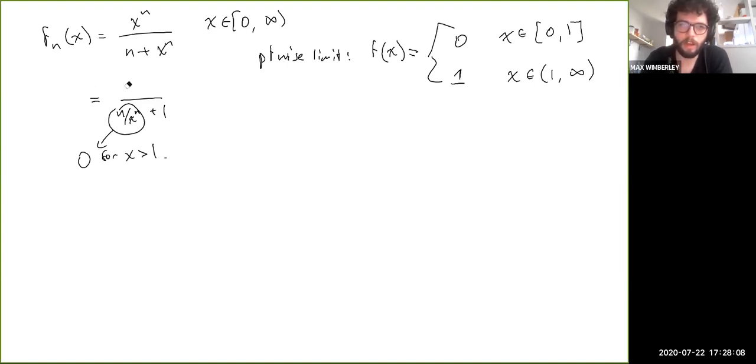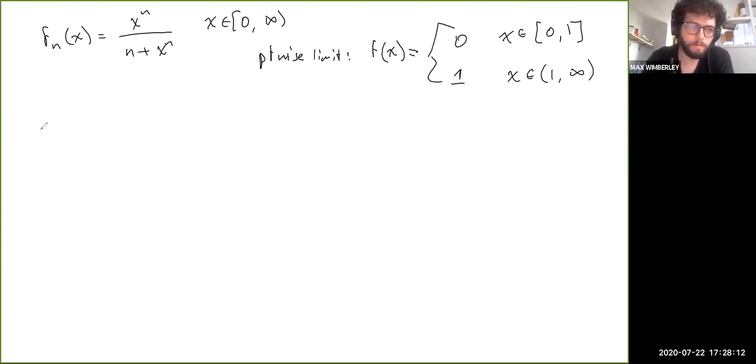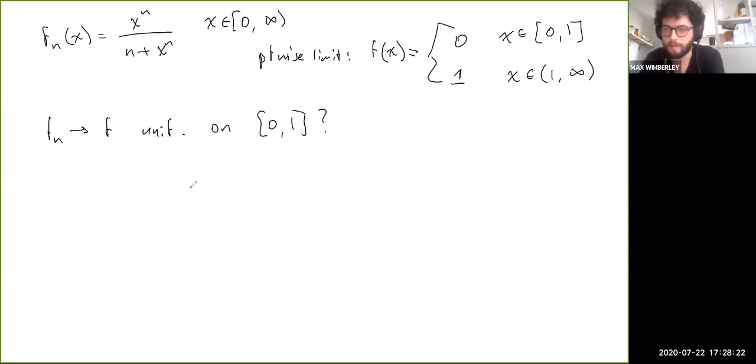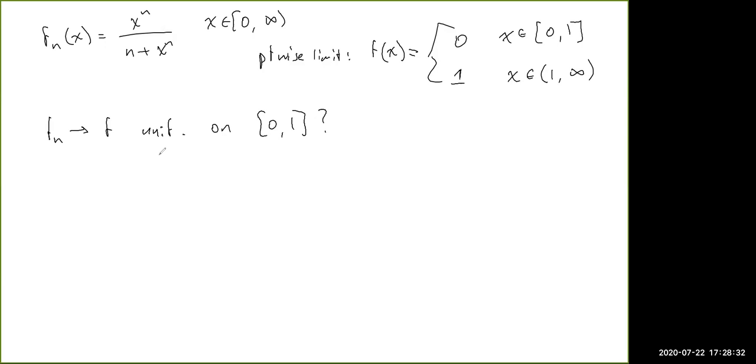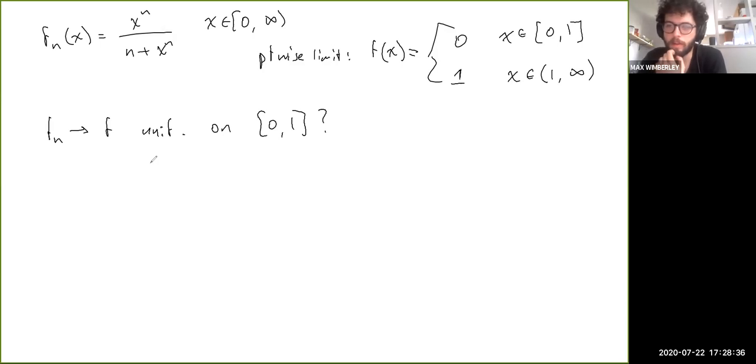Okay, so the question now is about the uniform convergence. Does fn converge to f uniformly on 0 to 1? What do you guys think? I think it doesn't. Okay, and why is that?